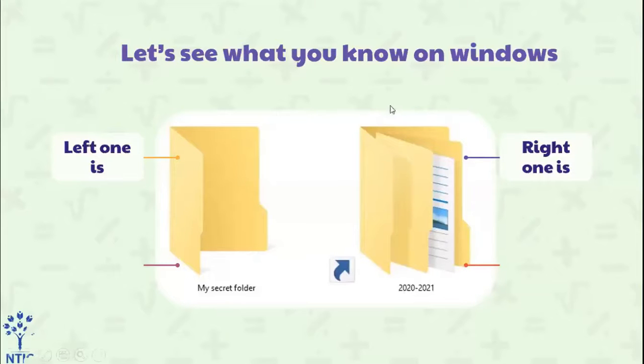The first is, as you see, folder icon. The second one is the right one. Okay, shortcut icon. And why are we saying that? Not important is it's full or not, is empty or not.